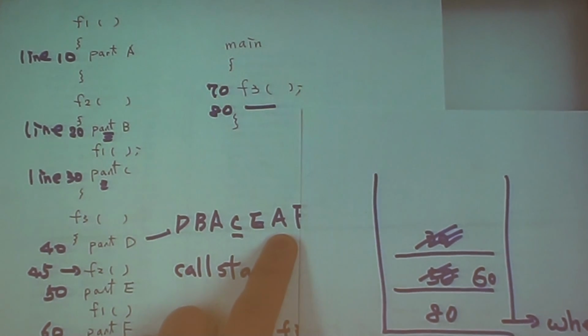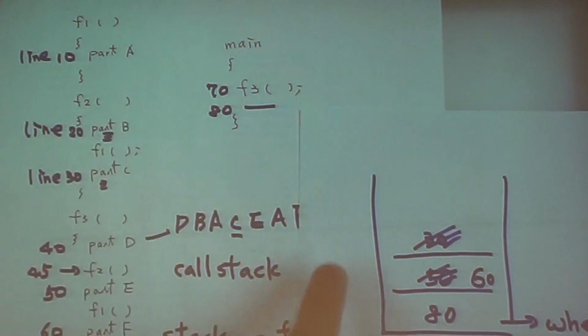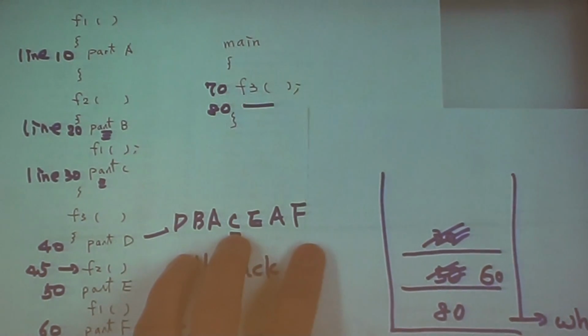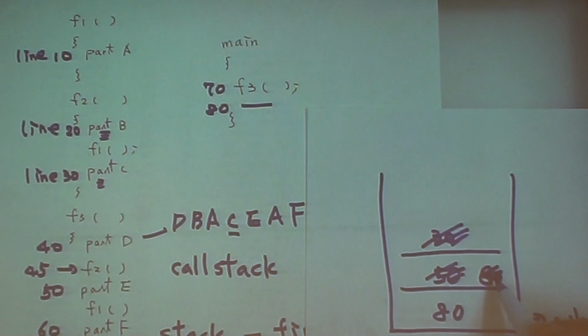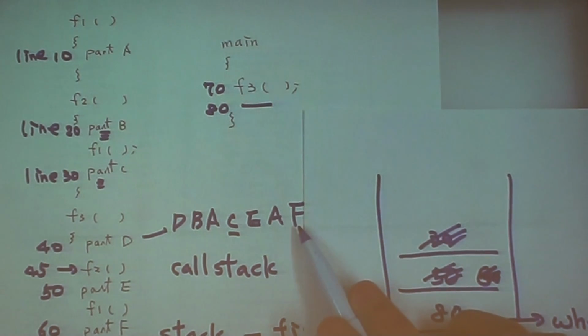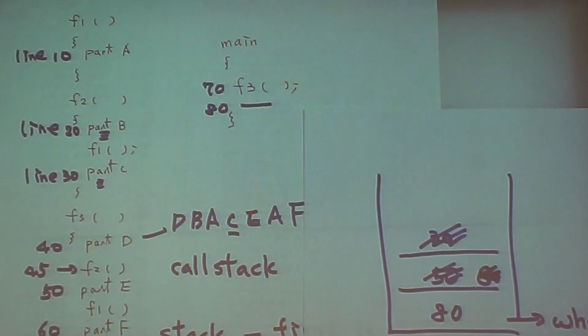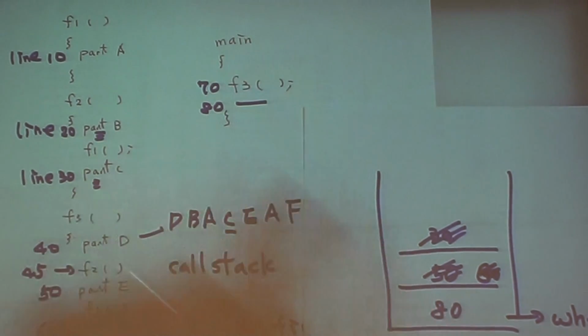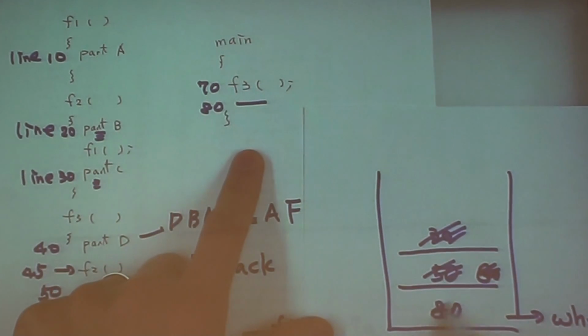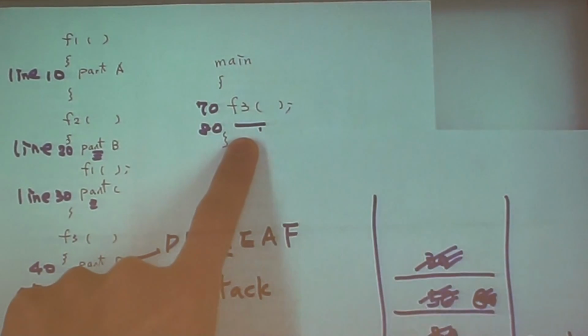Then function F1 finishes. So you look at the call stack, you have 60. So you come here and execute, and 60 gets popped. You execute F. And after function F3 finishes, you look at the call stack, and you continue from here. Continue the main function.